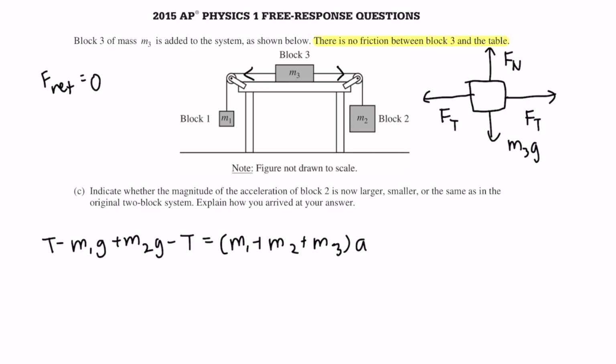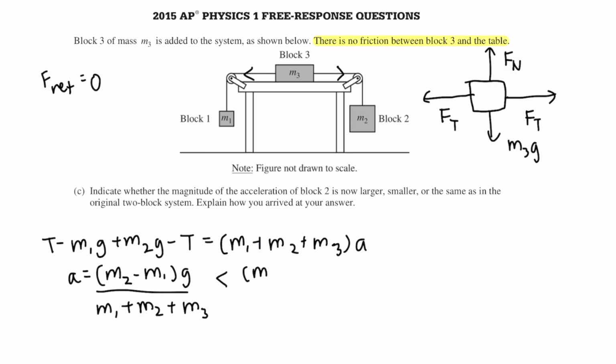And now the tension on both sides cancels out, which gives us that the acceleration is equal to (m2 minus m1) times g all over (m1 plus m2 plus m3). And this is smaller than the original acceleration because there is more mass now. Mass 3 contributes extra mass to the system.